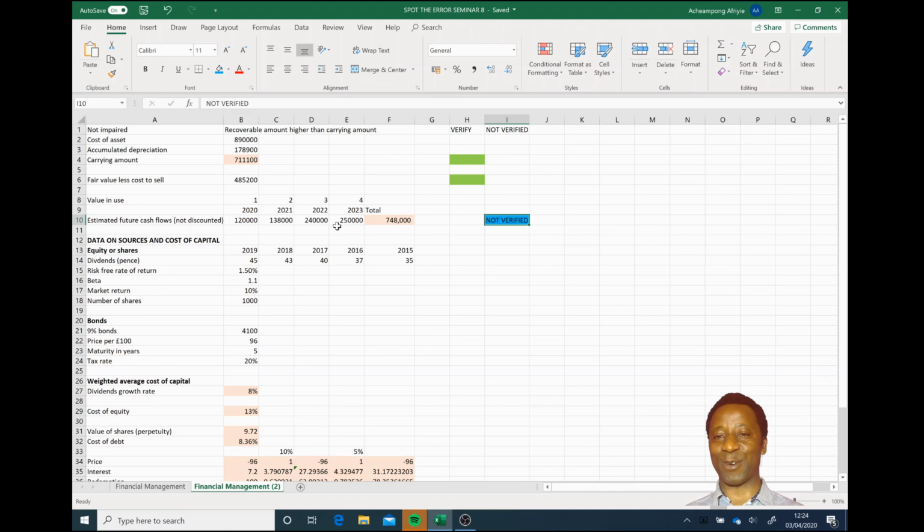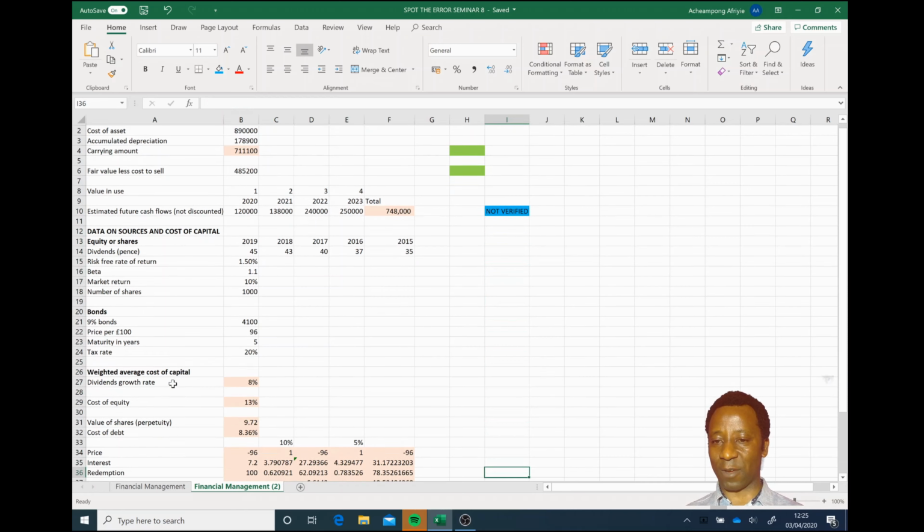And there we go. We have to zap into our knowledge from our financial management module and remember how to calculate the weighted average cost of capital. The data here relates to the source of capital. So we have some equity and we have some bonds. Oh, look, they've got their own estimate here.